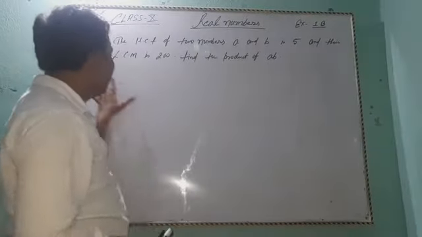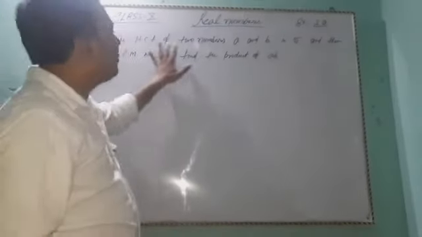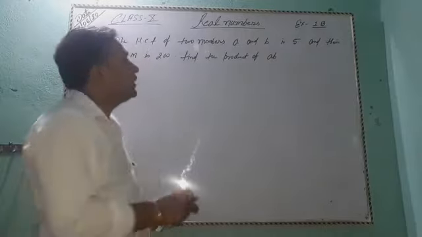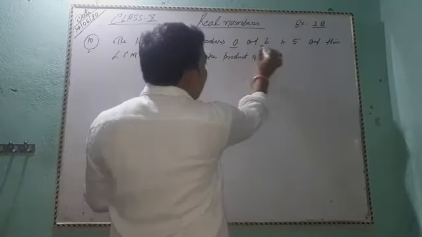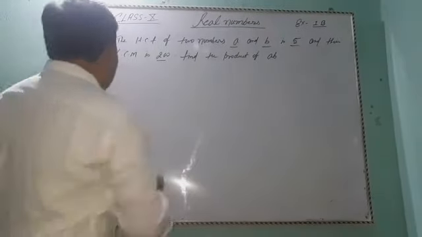Okay students, our next question is number 10. The HCF of two numbers a and b is 5 and their LCM is 200. Find the product AB. So let's start the solution.